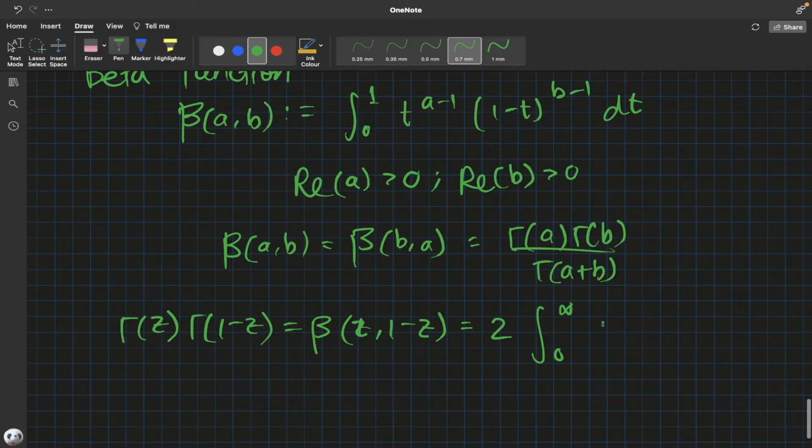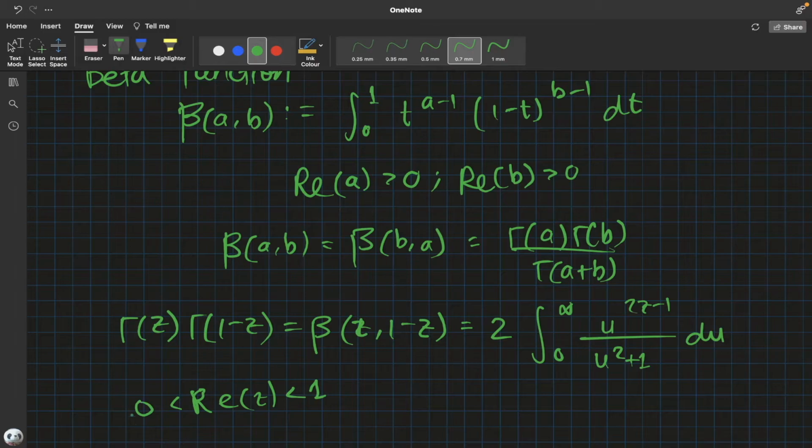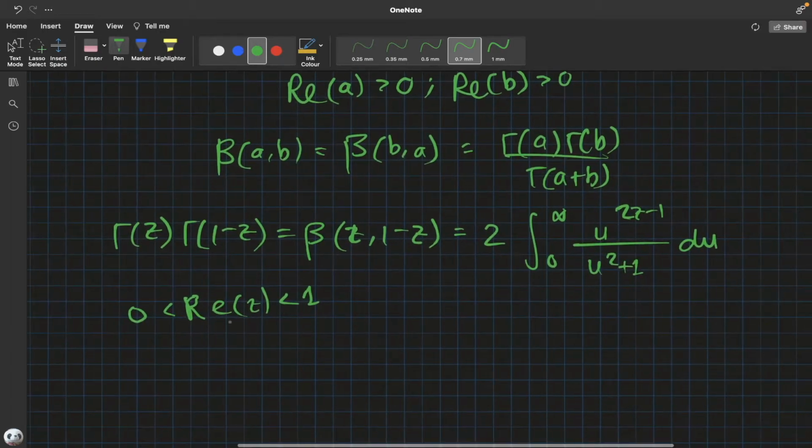I'm writing it in polar form. u to the 2z minus 1 over u squared plus 1 du. See, now we've run into our very first integral for a multivalued function, because z is not necessarily an integer. z can be any real number that's in this range. So it's definitely not an integer.